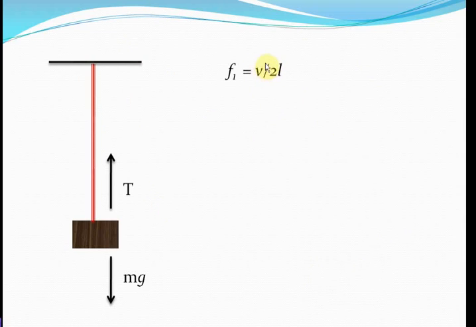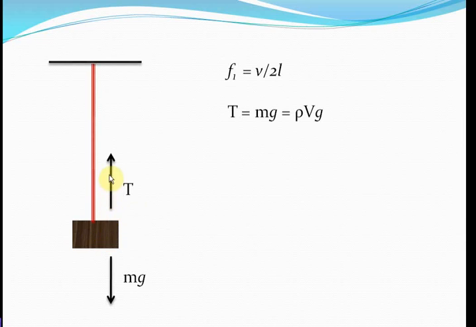What will V be? V is the velocity with which waves can travel in this string. We know that in case of a string, the velocity is given by V equal to root T by mu. T is the tension in the string and mu is the mass per unit length in the string. We can calculate the tension in the string by balancing the force on this object.